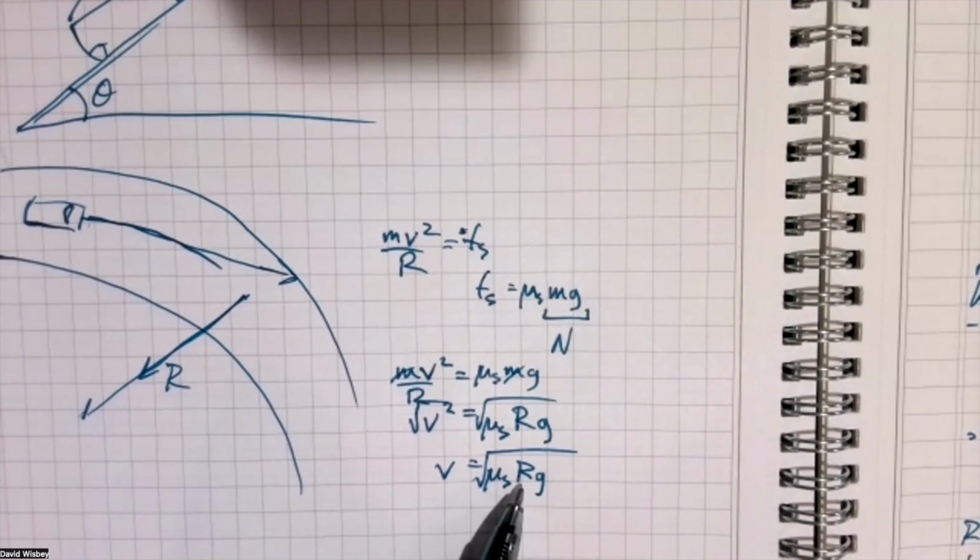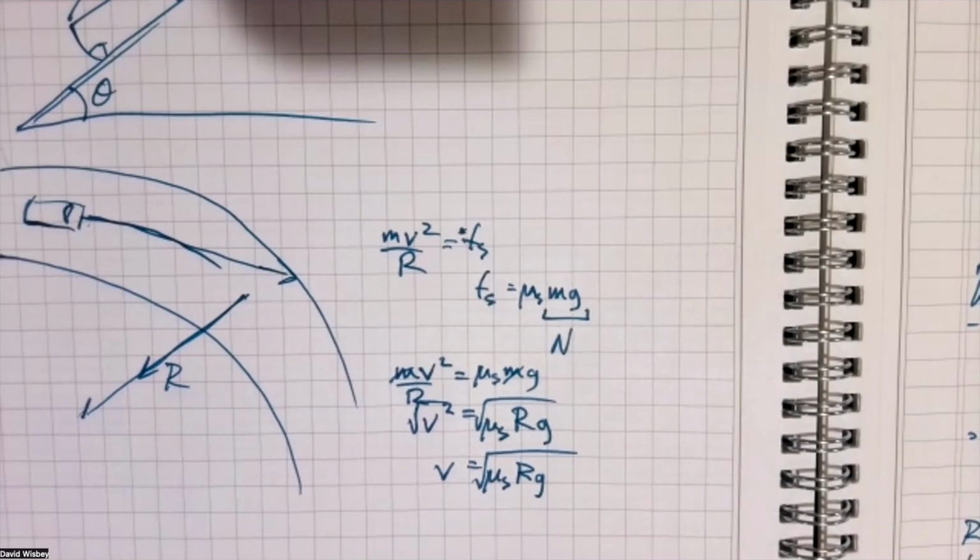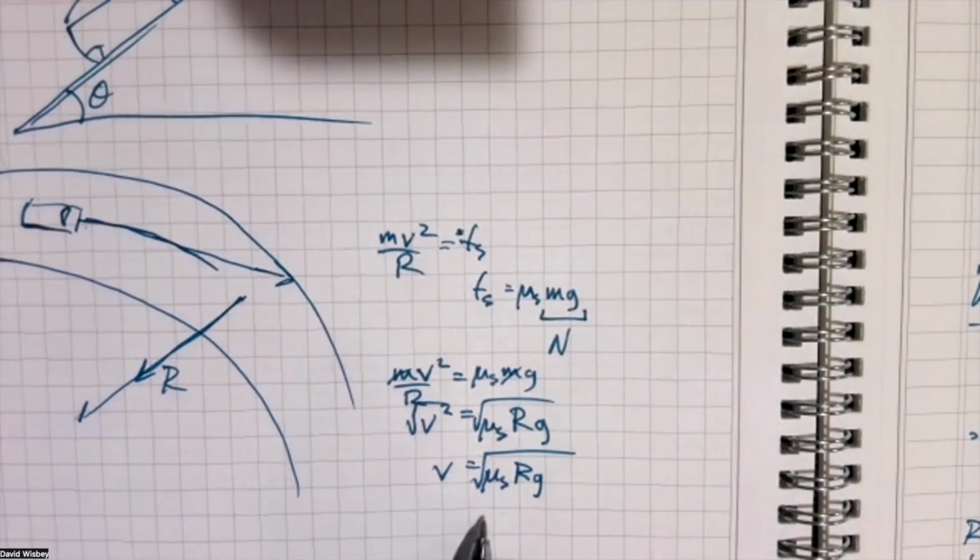Depending on how sharp your turn is, if R is smaller, then your velocity is also going to need to be smaller. So we could calculate our maximum velocity.